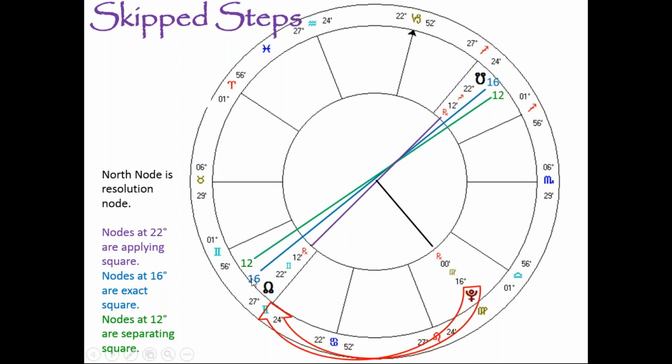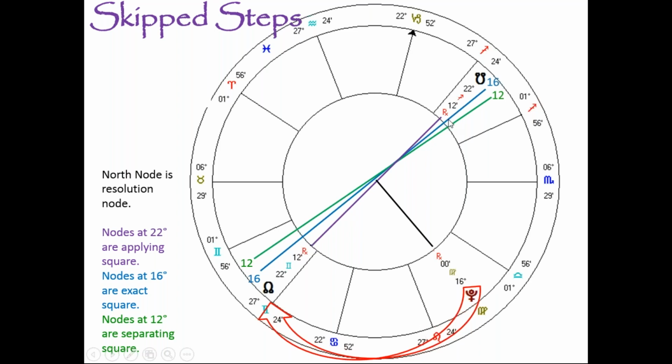If the north node and south node are at 16 degrees, the blue line, with Pluto over here at 16 Virgo, it'd be exact squares. If north node and south node were the green lines here at 12 degrees, they would be separating squares. So you do it just the opposite with the nodes, reversing the numbers as you reverse through the zodiac and the houses.